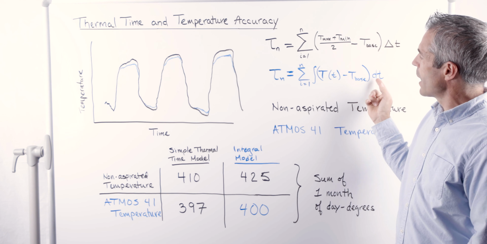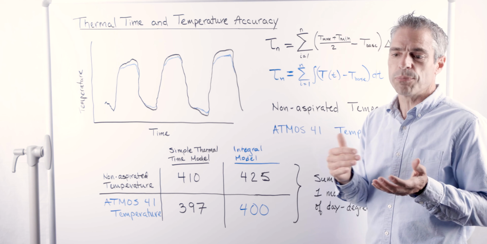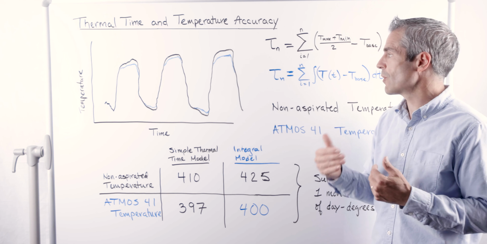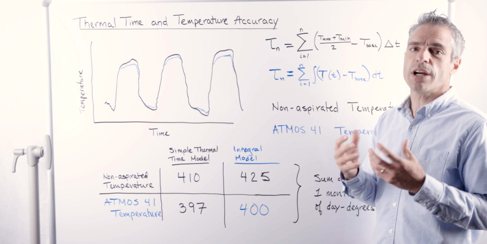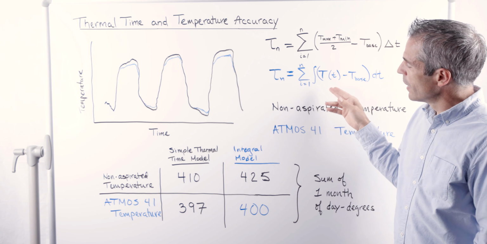And then we have some time step dt. And that time step could be anything, but I wanted to be pretty accurate. So I used 5 minutes in this analysis. So I actually used an integral across the day to sum this in this way.